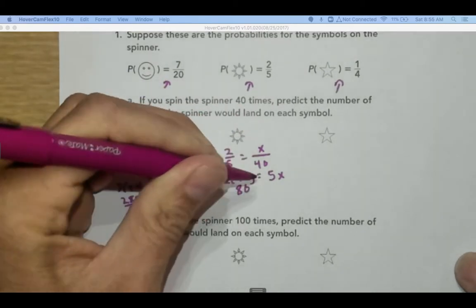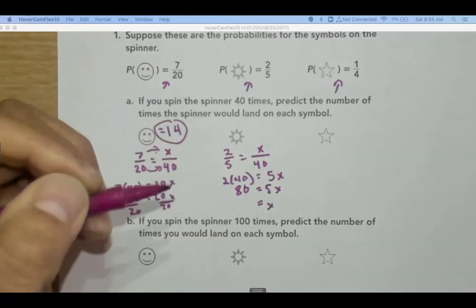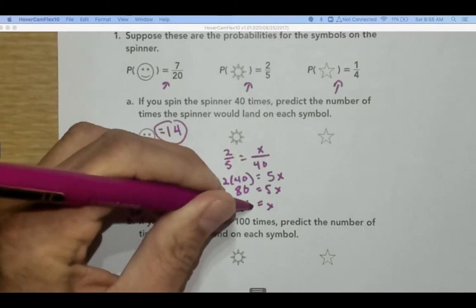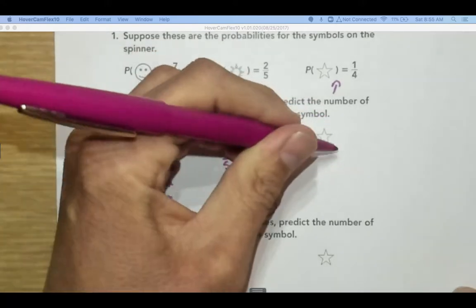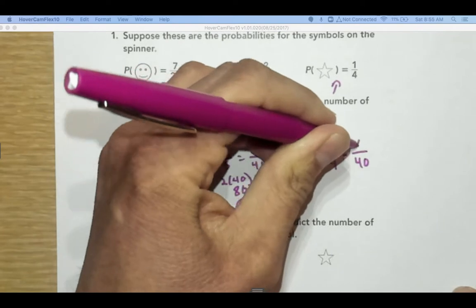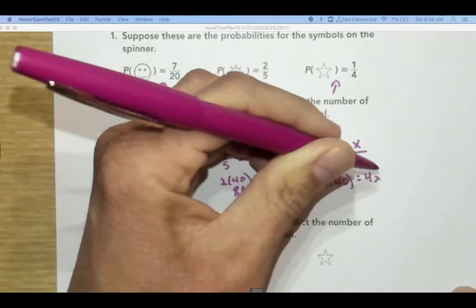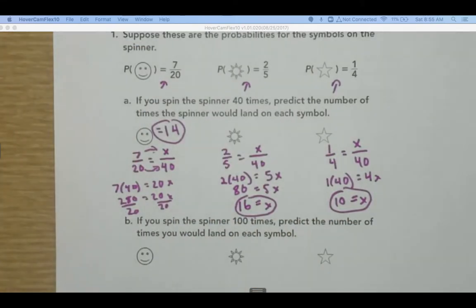Then we'll have 80 equals 5 times x, and then x is going to be equal to, and divide by 5, and it'll be 16 times. Then, last but not least, there's 1 out of 4. I'm seeing what it would be to get to 40. I can cross multiply. 1 times 40 equals 4 times x, and x is going to equal 10 when all is said and done. Okay?